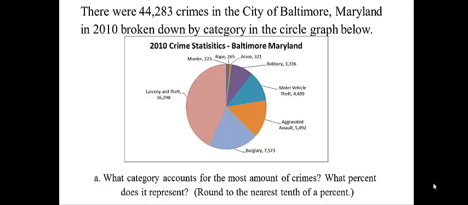In this case, it's been given to me, so I don't have to add them all up. 44,283. Now I need to know what percentage of that is related to the largest crime area in this graph. And just visually, we see that's larceny and theft. So we're looking at larceny and theft is what percentage of 44,283.